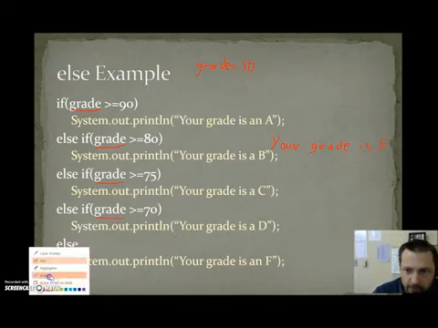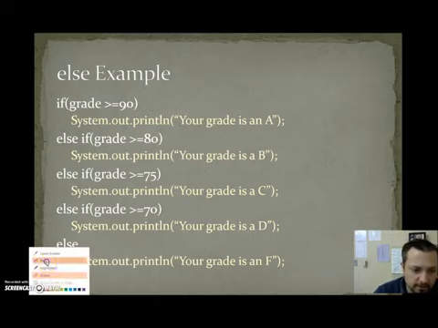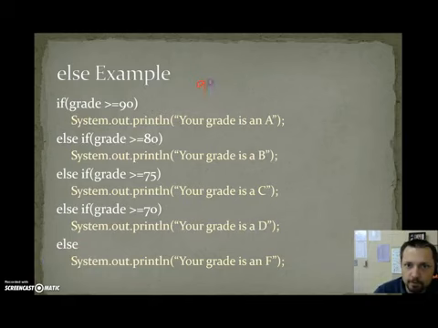Now let's see what it would look like had our grade been an 80, like we've been doing before. So let me grab the eraser, and we'll erase everything out of here. Alright, so if we had had a grade of 80, we can go up here, and I guess I didn't need to erase the word grade. That's fine. Grade equals 80. Is 80 bigger than or equal to 90?